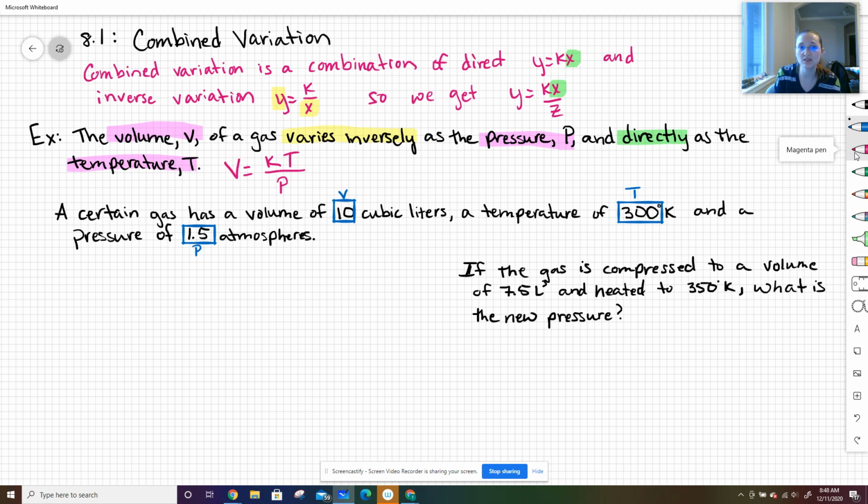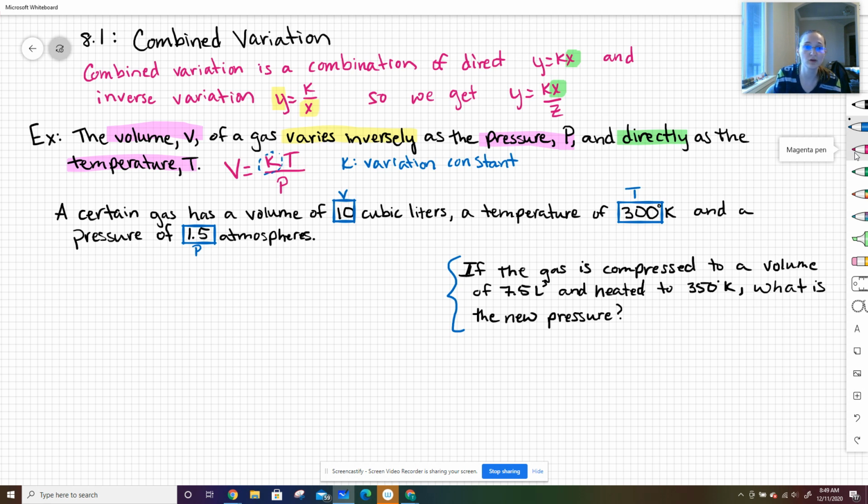Now if we know V, T, and P, the only thing we don't know is K. And K is, of course, our variation constant, as it is with all variation functions. So we need to solve for K, because as soon as we try to apply it to a new scenario, we need that constant.